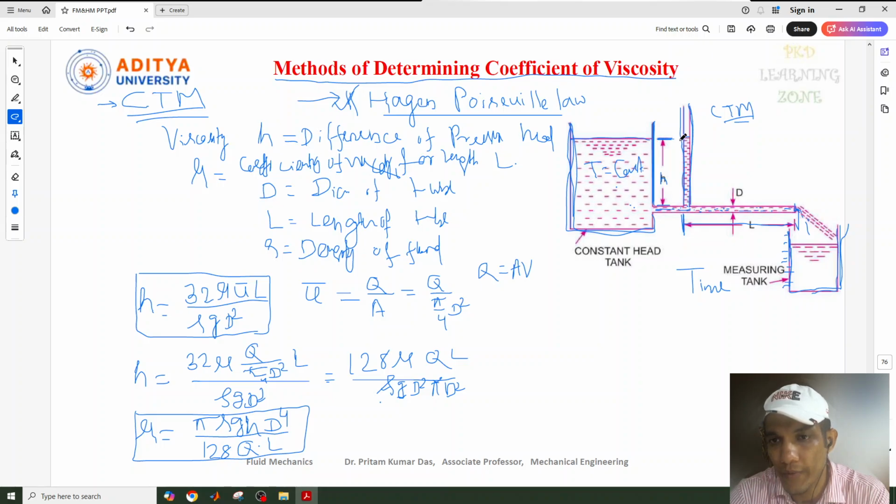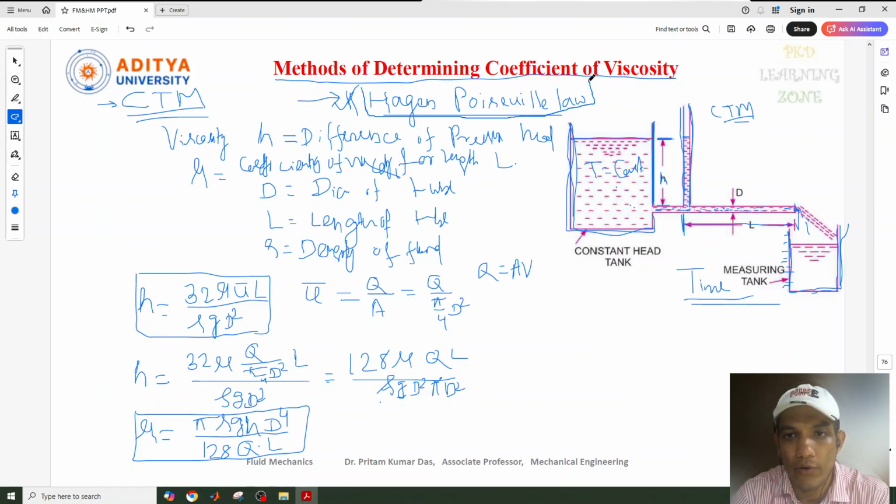This height should be equal to the height of the tank, and obviously it will not go beyond that. The liquid flowing through the tube is collected in a measuring tank, which is given to identify the rate of flow also. So at a particular time we can identify the volume of fluid coming out. This is the concept.